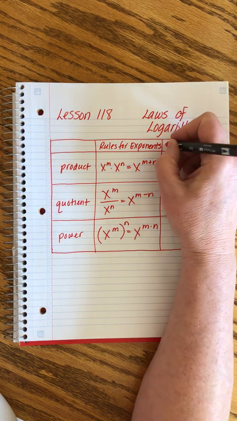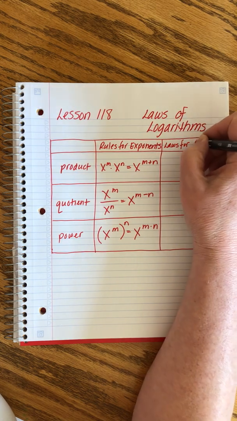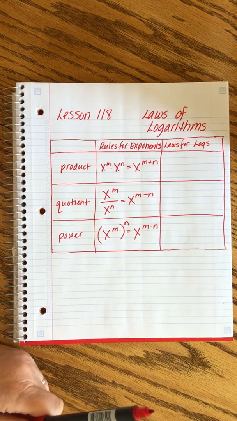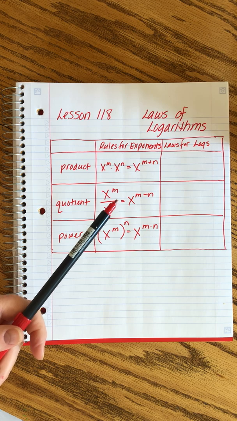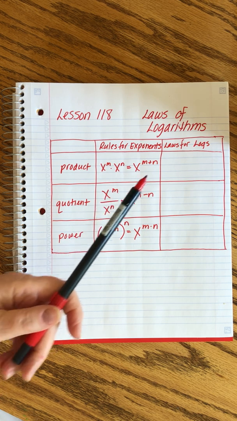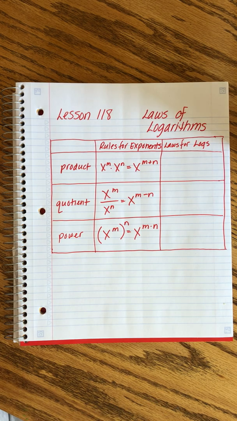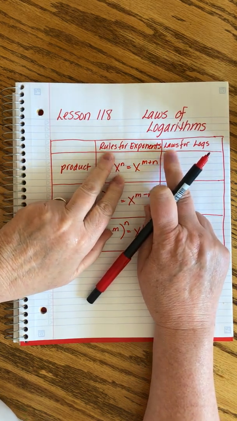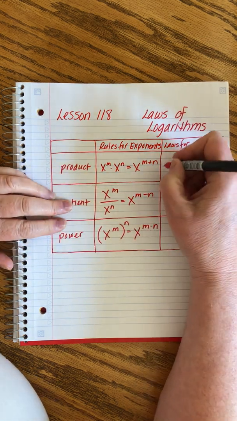So what we have are laws for logarithms, and I'm just going to write logs. I'm going to abbreviate that. Now, I don't know where the exponents were when they were handing out titles, because I think having laws for logarithms sounds way more impressive than just rules. But despite the relative difference in the words, they're the same, because look what happens.